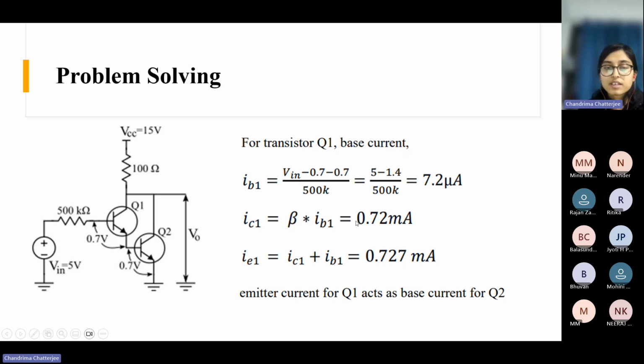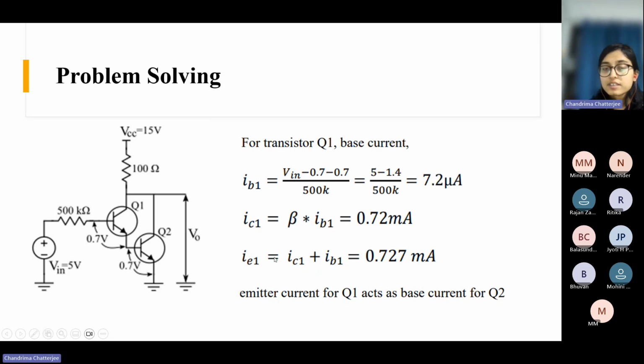Beta is given as 100, so 7.2 microampere times 100, divided by 1000, would be 0.72 milliampere. What will be the emitter current?